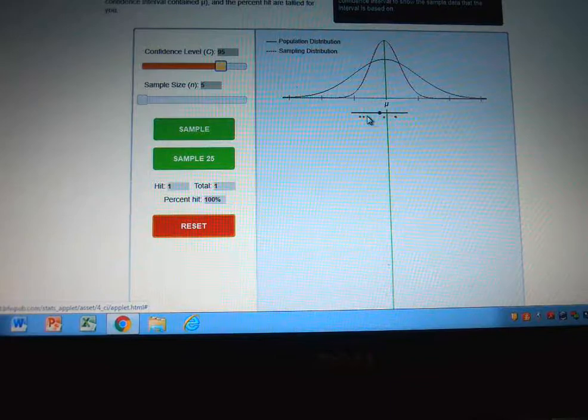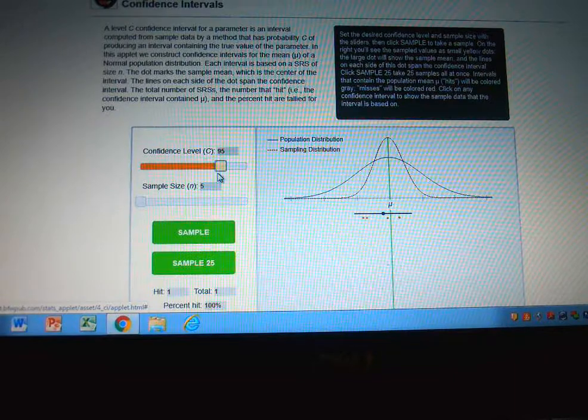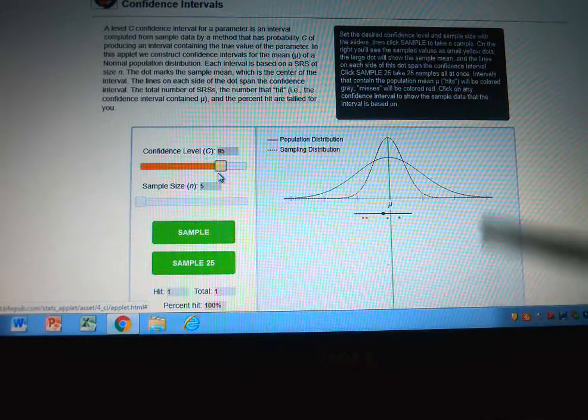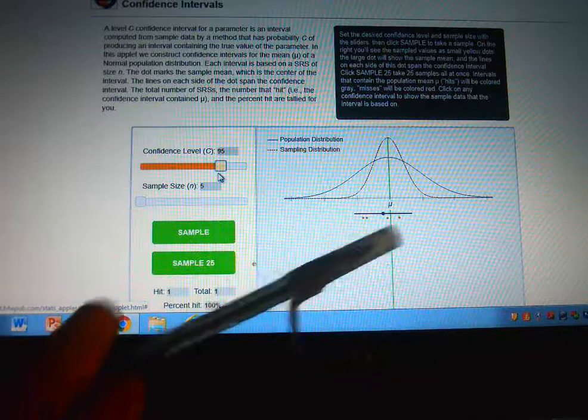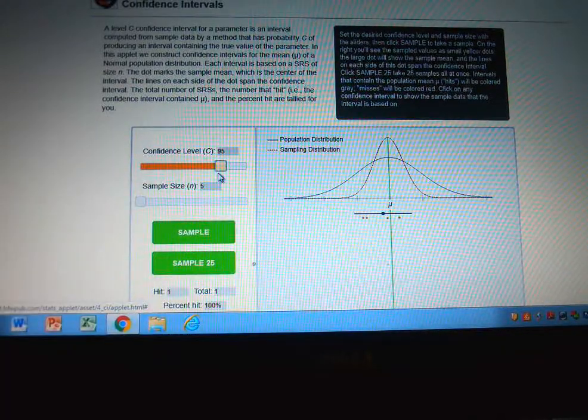And essentially what that's saying is, I went from, in this case, 80 to 95% confident. So that means I need to fit more values in to become more confident. So that means the endpoints of your interval got higher on this end and lower on this end. Okay, so your confidence interval became wider.